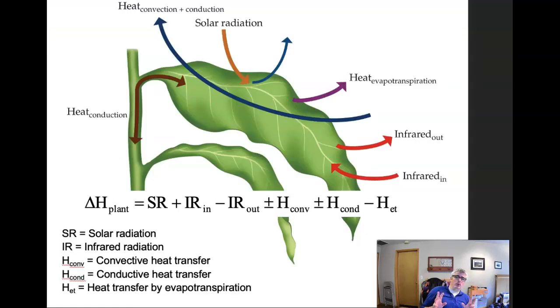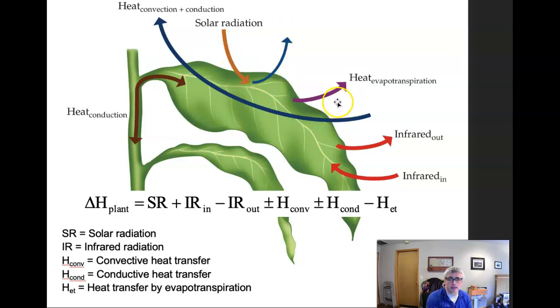Now, this equation can be a bit scary, so we're gonna walk through the diagram and then walk through the equation. So what this diagram is showing is a plant with some leaves. There's solar radiation coming in from the sun. A certain amount of that bounces off based on the color, shape, and the type of the leaf.